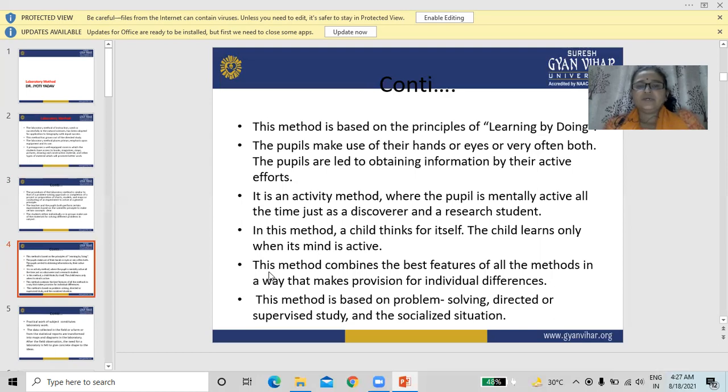It is an activity method where the pupils are mentally active all the time, just as a discovery and researcher student.